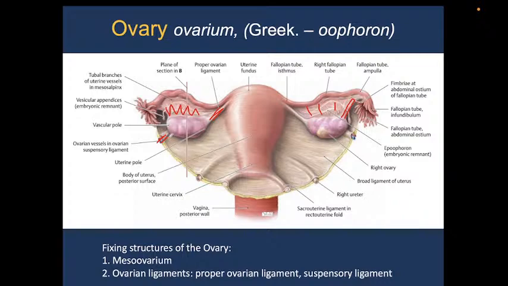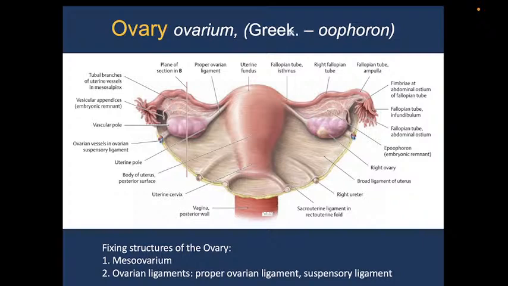So this is very important for surgeons, for gynecologists who operate on ovaries. They have to understand that this organ has double sources of blood circulation.